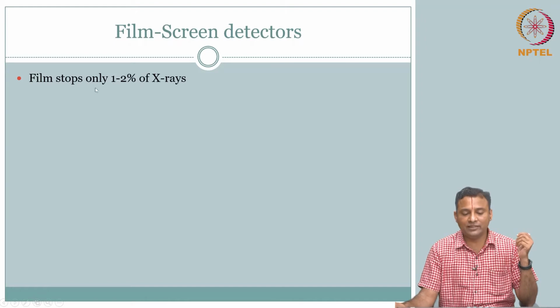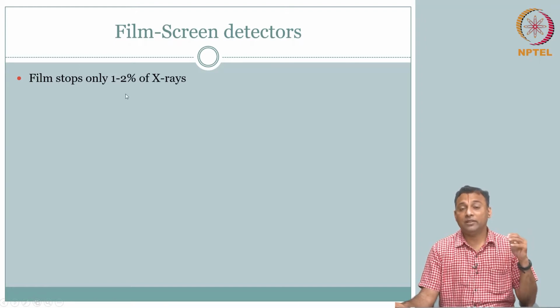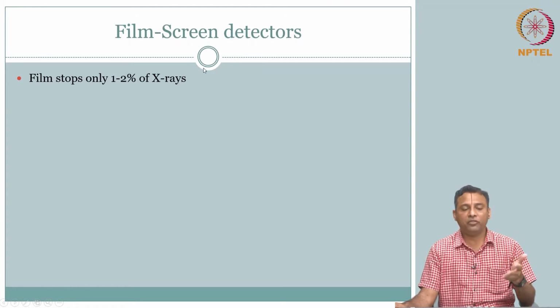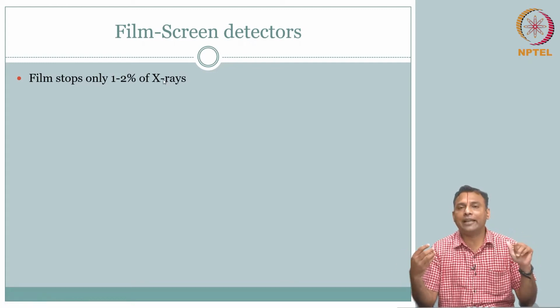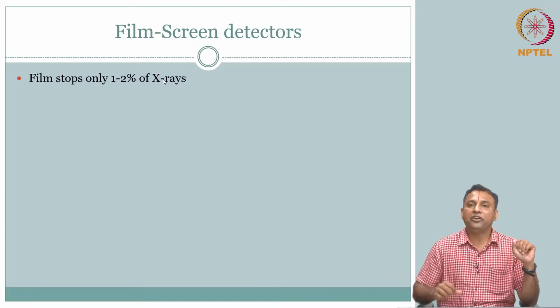Otherwise, this is not acceptable from a safety point of view. So directly taking X-rays on a photographic film seems very inefficient, and therefore, what can we do to improve the efficiency?